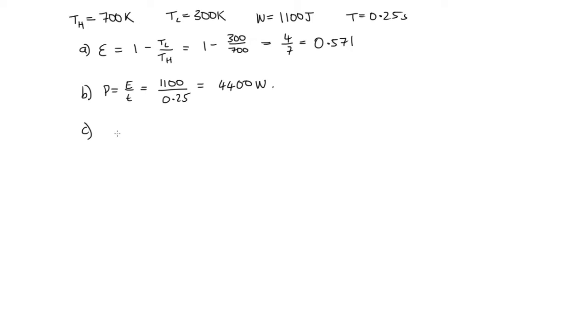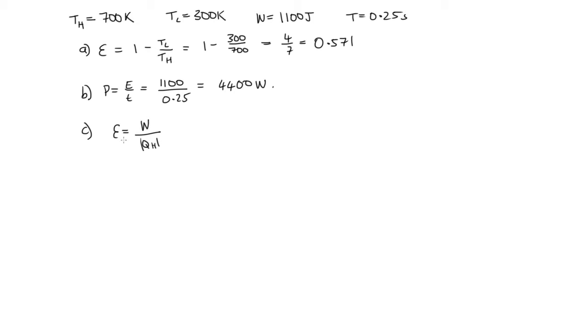C, we're then asked how much energy is extracted from the hot reservoir each cycle. So probably the easiest way to do this is using another one of our efficiency equations. So when we initially defined efficiency, we said efficiency was equal to the amount of work we get out, so the useful work we get out, the work, over the amount that we pay for, which is the heat from the hot reservoir.